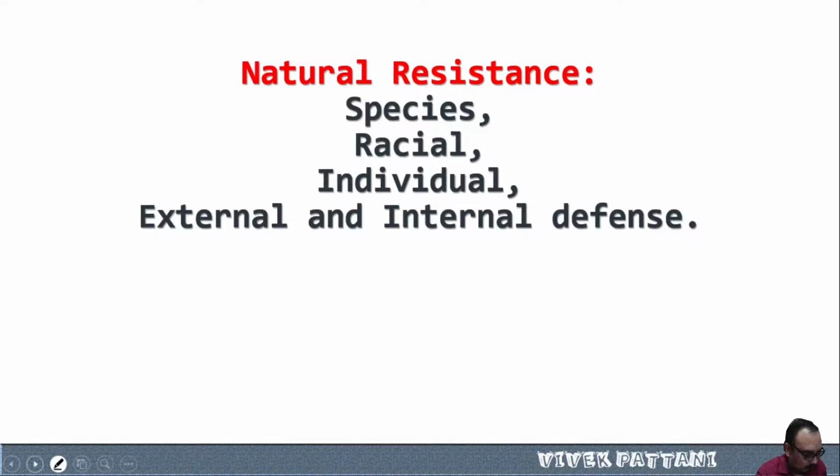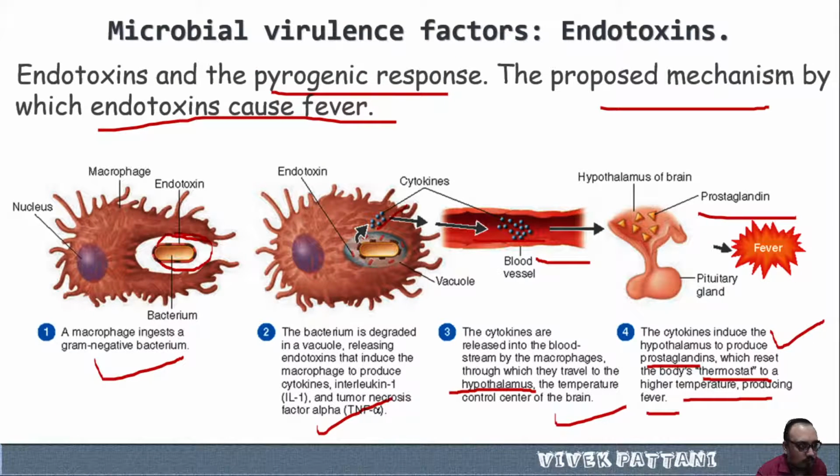This is how endotoxins work. Before moving on, I would also like to give you an example of streptolysin. What is streptolysin? It is basically streptolysin O, which is produced by Streptococcus pyogenes.